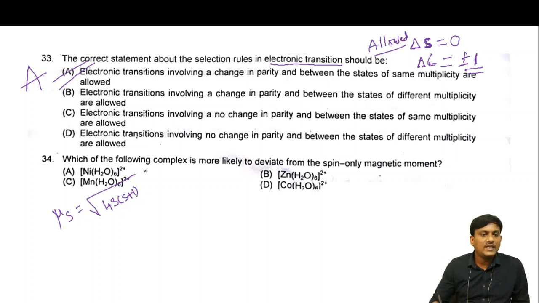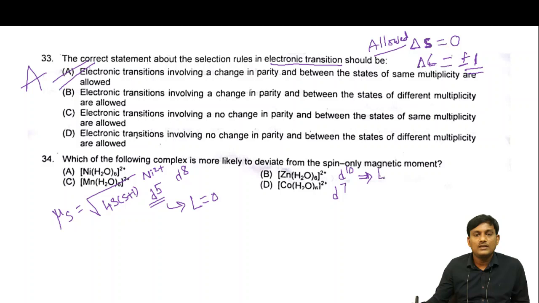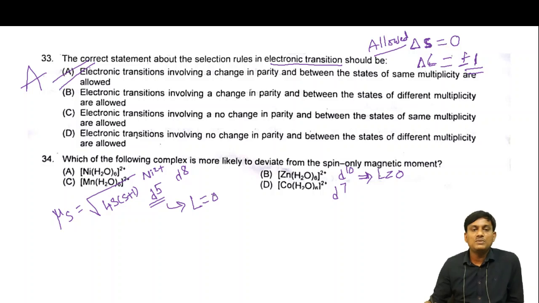If you take Ni2+, it's a d8 electronic configuration; Zn2+ is d10; Mn2+ is d5; and cobalt 2+ is d7. We know that for completely filled and half-filled electronic configurations, the total angular momentum L is equal to 0. So in these two cases there is minimum deviation from the spin-only magnetic moment.